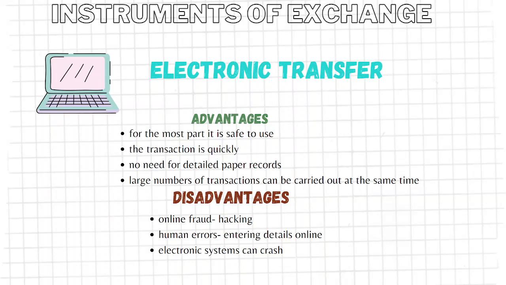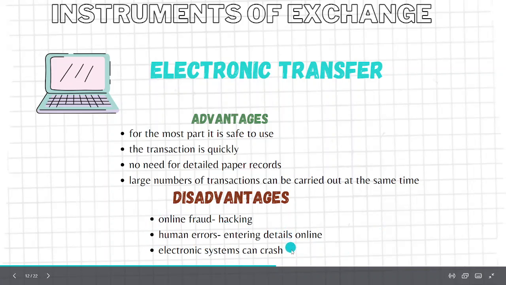Your number is 2450469, but you mistakenly said 2460469, and the money will be transferred to the wrong phone. And then we also know that electronic systems can crash, computers mash up, machines mash up, and an event like this can cause a lot of problems.